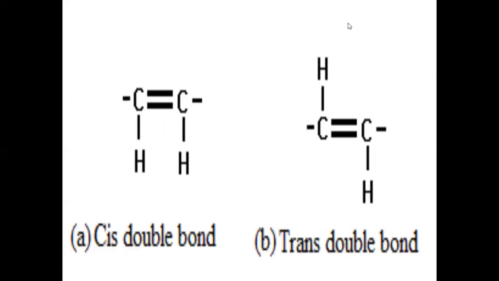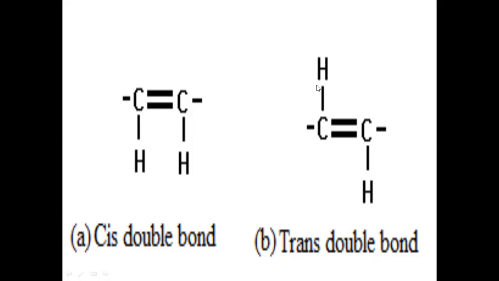So this is an example of a trans double bond. This is a cis double bond. We can see the hydrogen atoms are on the same side. But when we look at the trans double bond, we find that these hydrogen atoms are on the opposite side.